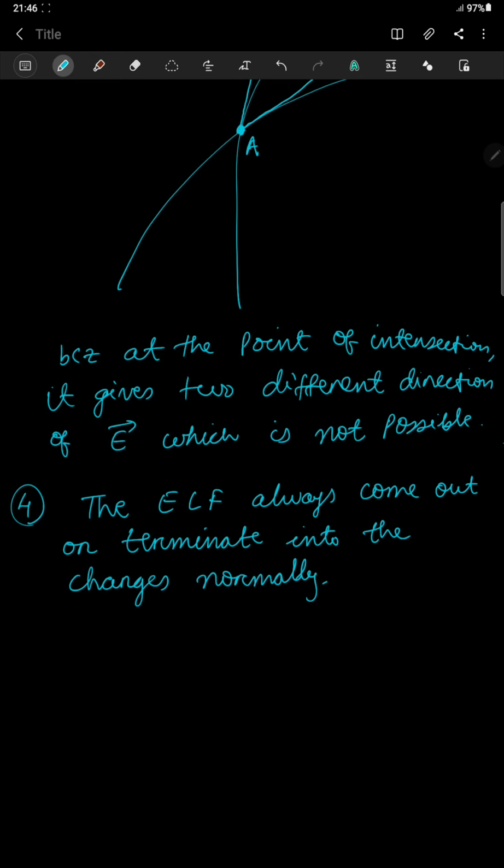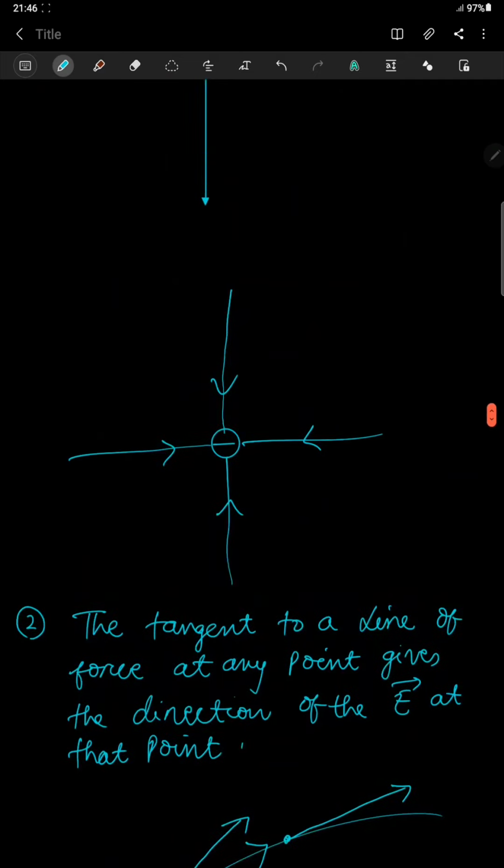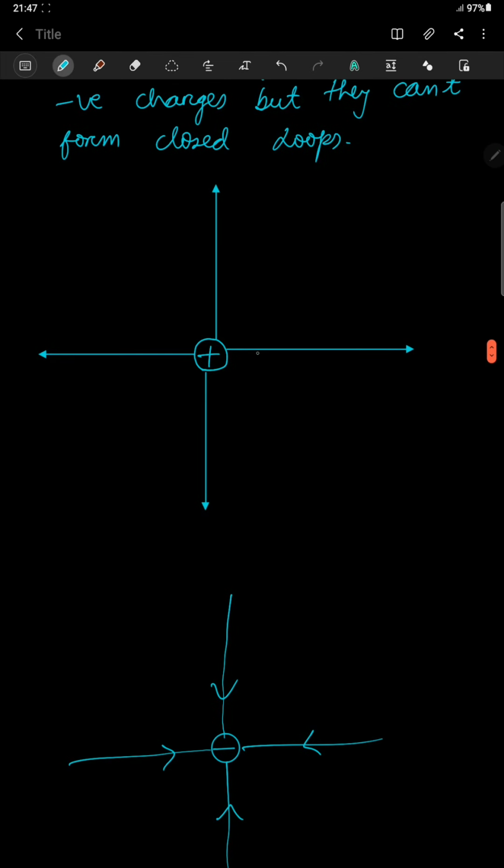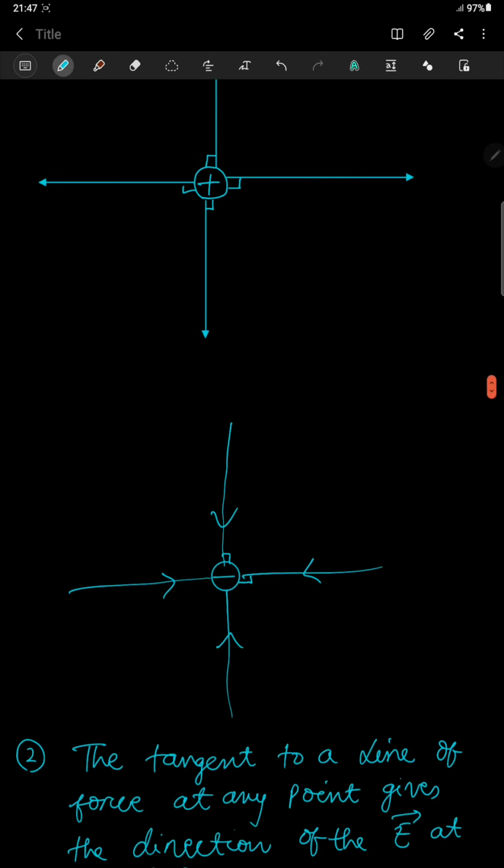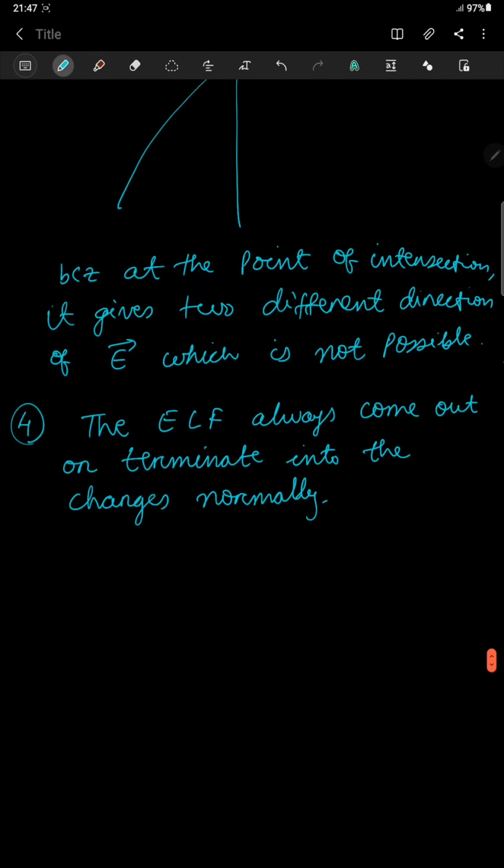Okay, so if you look at this diagram which I have drawn, they will come out of the charges normally. That means they will be perpendicular. They will come out of the charges perpendicularly. If they are entering, they will also do so perpendicularly. Okay, so this is the fourth property.